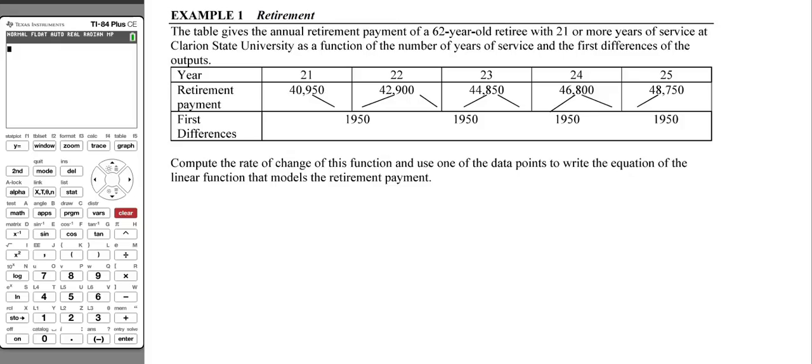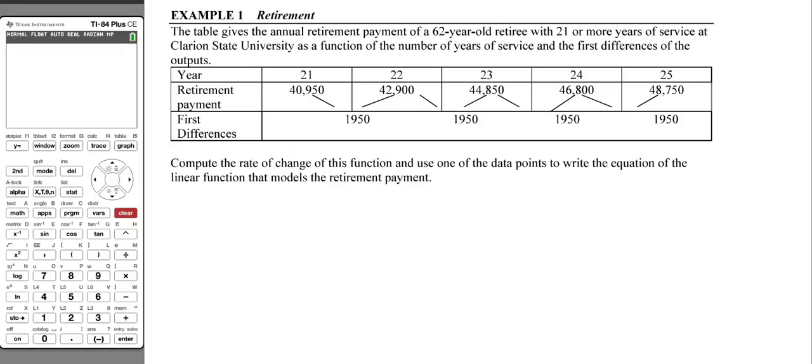Let's see how first differences are done in example 1. The table gives the annual retirement payment of a 62-year-old retiree with 21 or more years of service at Clarion State University as a function of the number of years of service and the first differences of the outputs.